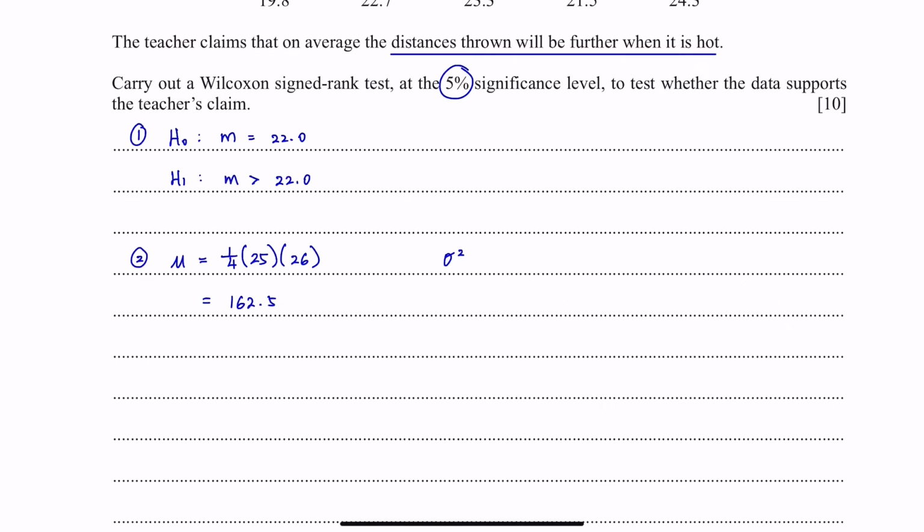And our variance would be 1 over 24 times n, which is 25, times n plus 1, which is 26, times 2 times n plus 1. So this would be 1381.25.